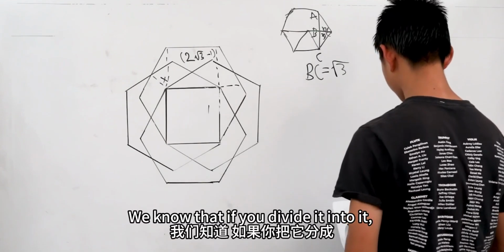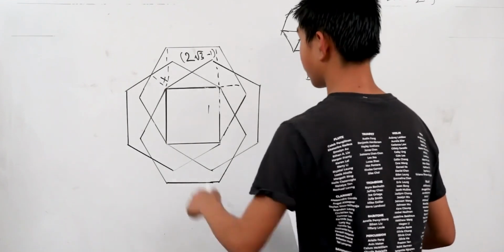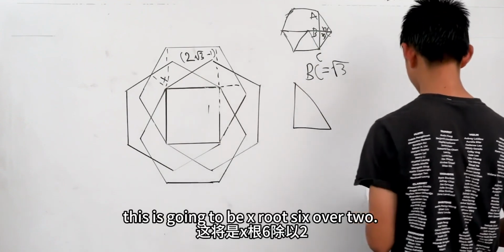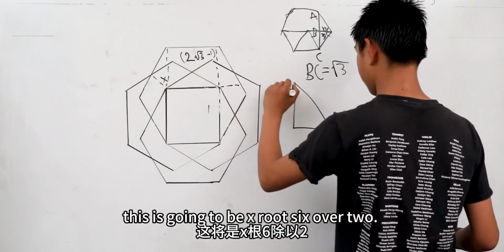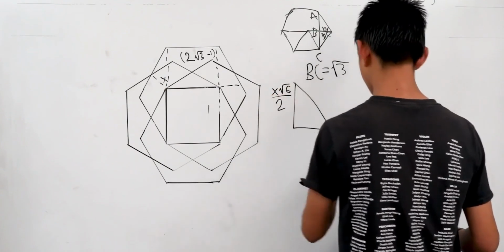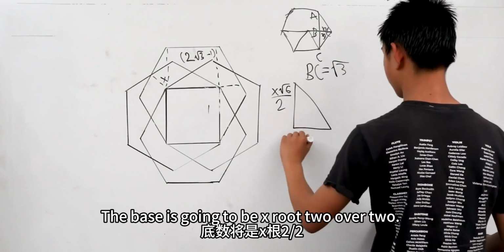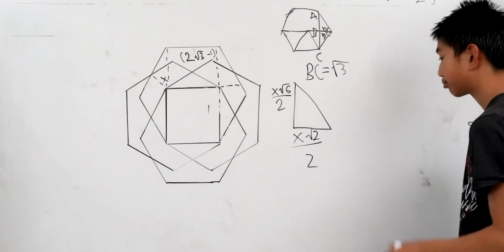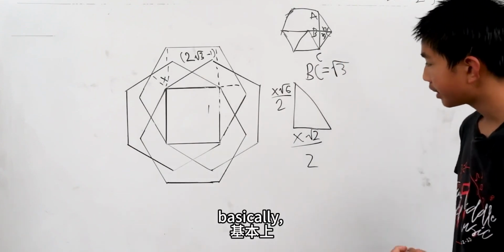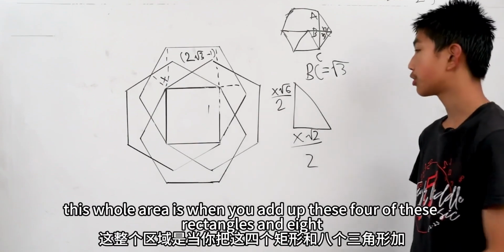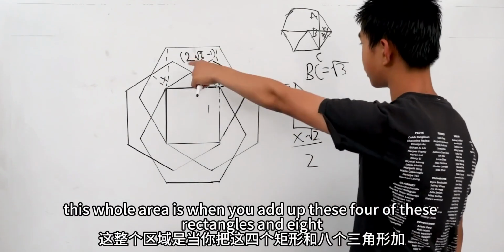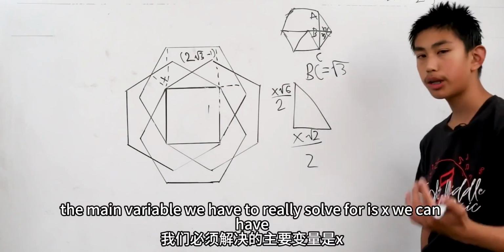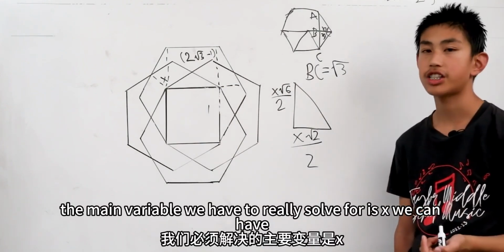So if you divide it, the height of a triangle, if you draw it like this, is going to be x root 6 over 2, and the base is going to be x root 2 over 2 when you solve the whole thing. So basically, this whole area is when you add up these 4 rectangles and 8 of these triangles. So the main variable we have to really solve for is x.